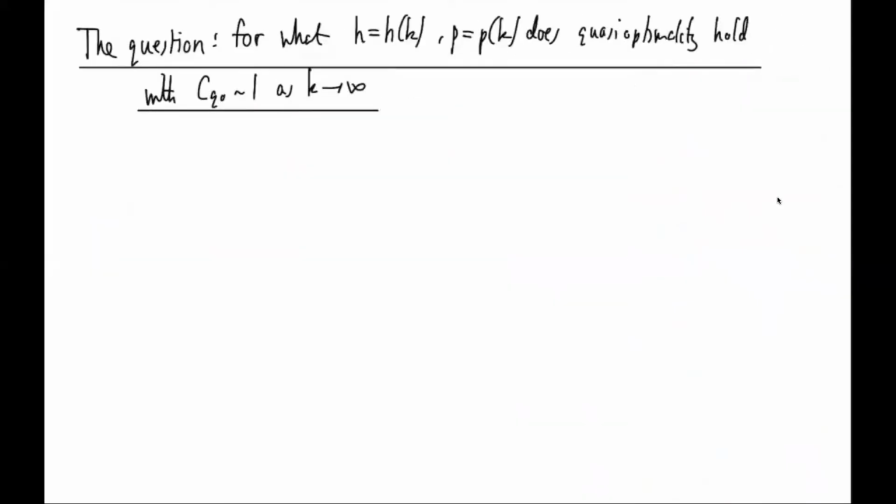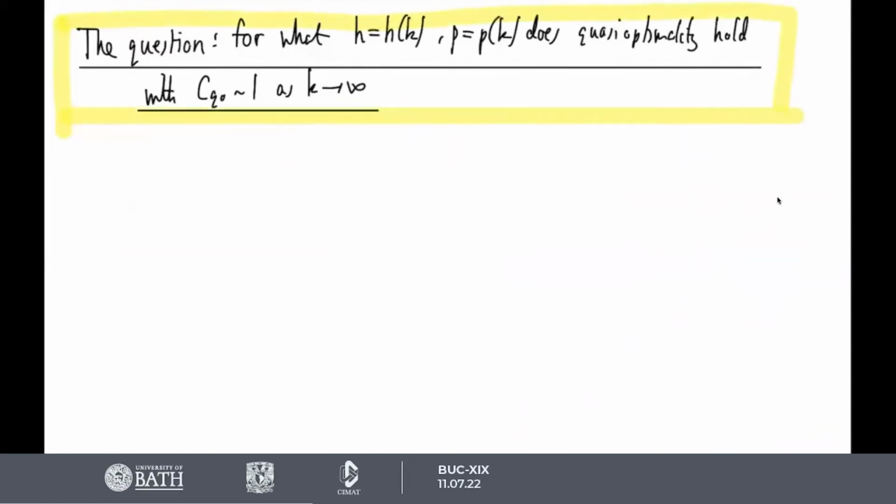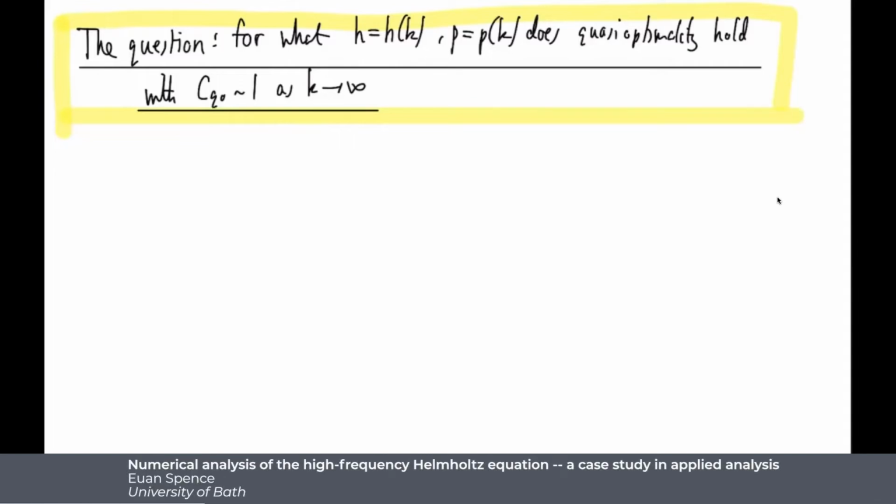The question we're going to consider and answer in these lectures today, tomorrow, and Friday is, for what H and P, okay, let's start again. I'm going to consider solving a sequence of Helmholtz problems as K increases.